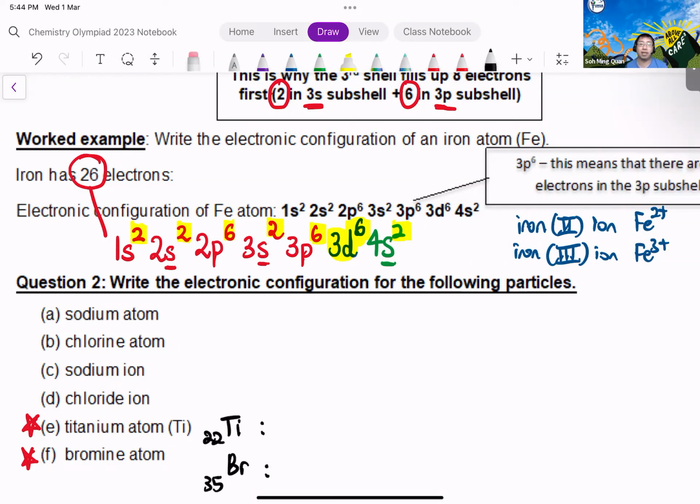How will the electronic configuration look like? Let's try writing for titanium and bromine.